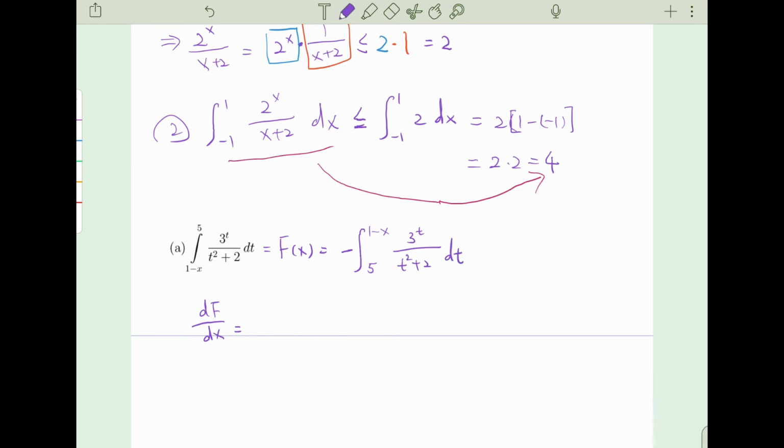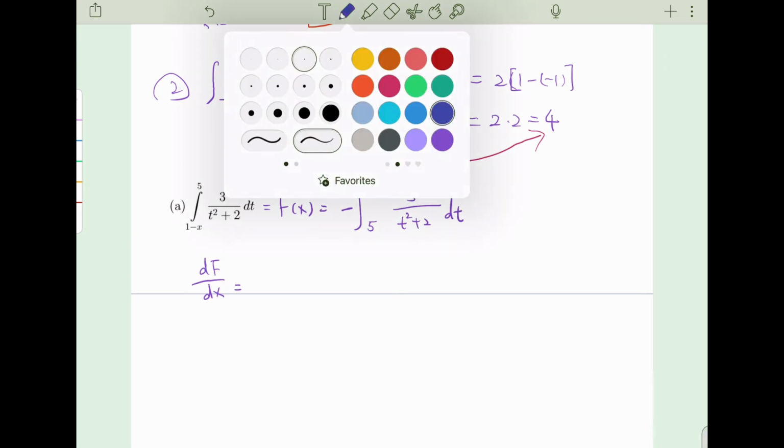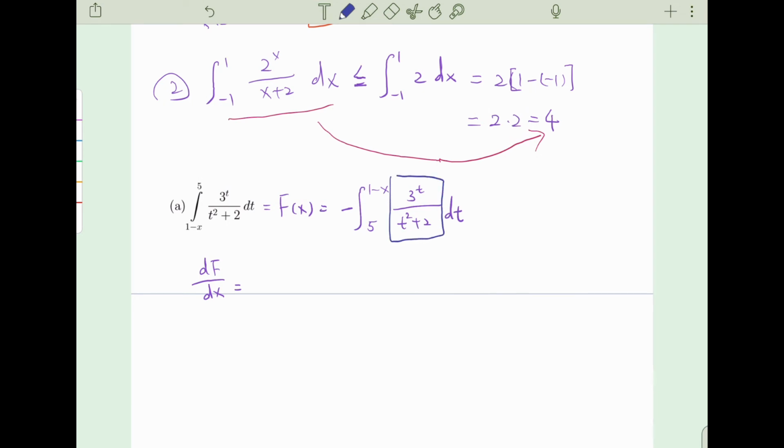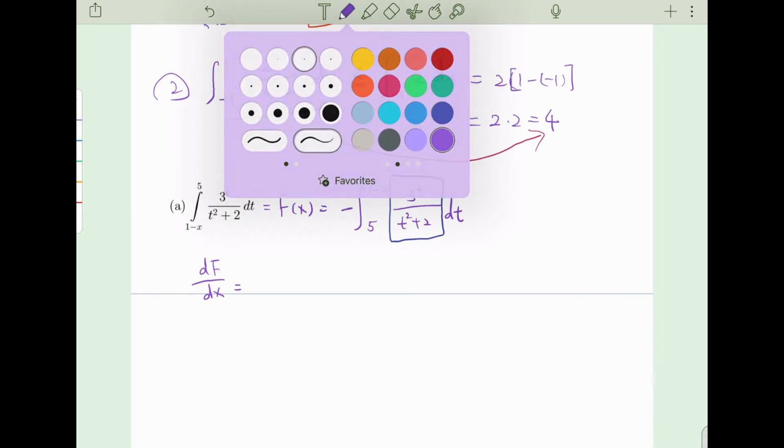The fundamental theorem of calculus says that the derivative of this kind of function relative to x is just going to be the inside expression with the variable t replaced by the upper bound, and that times the derivative of the upper bound function. Okay, so we're going to write out this thing here.